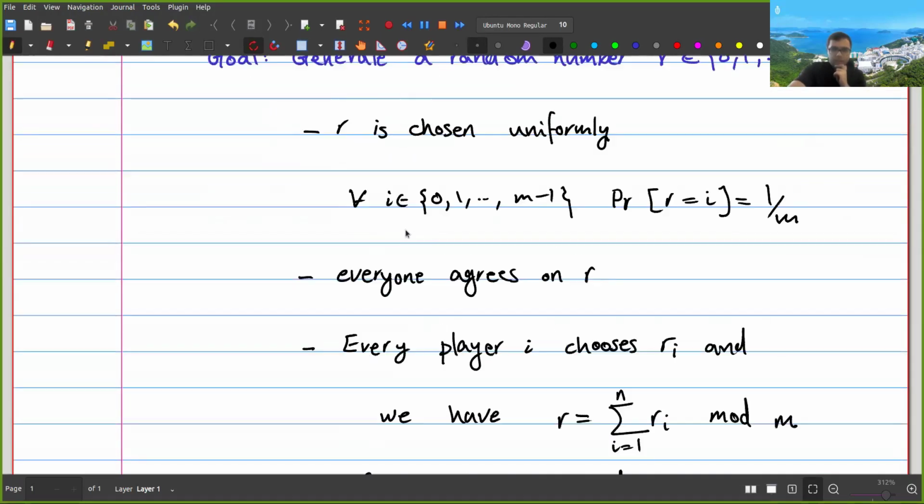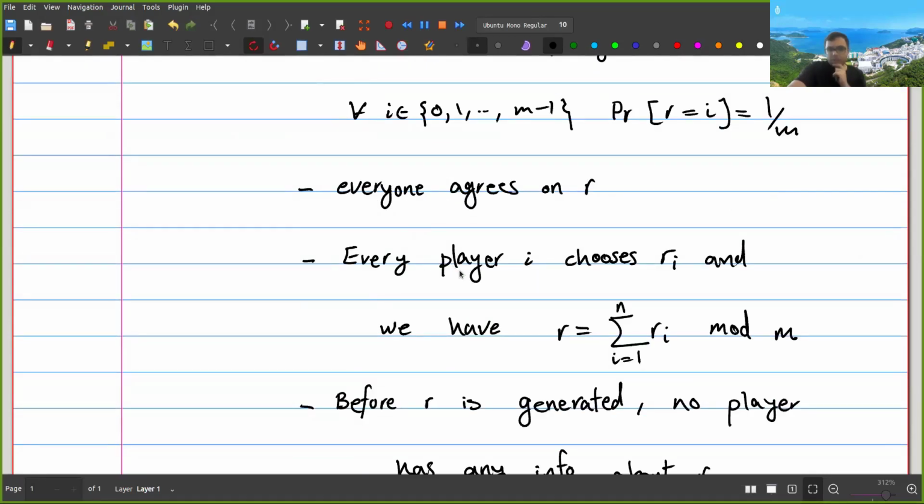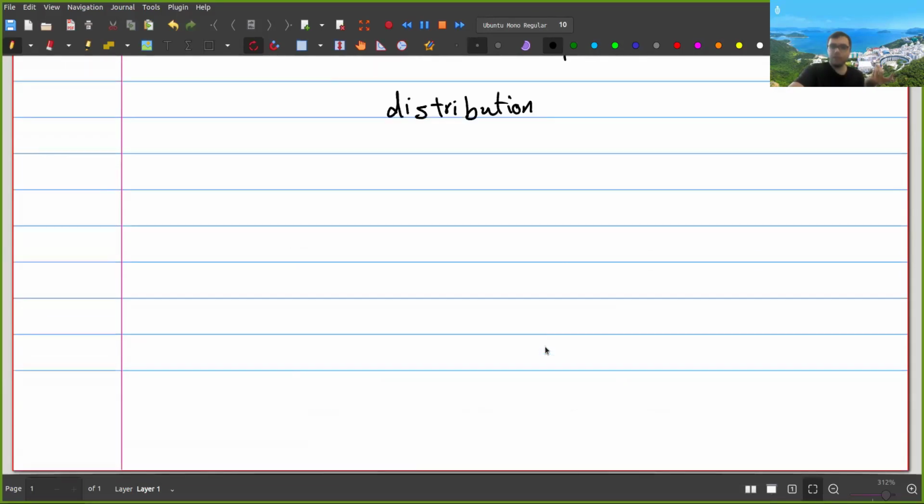Now, how would you actually achieve this? So we had this protocol in the last session where every player would just commit to the Ri, to their own share. And then at the end of it, when they revealed, we would just sum all of these up and we would say this is R. But the last problem we had at the very end of the previous session was that some players might not reveal.